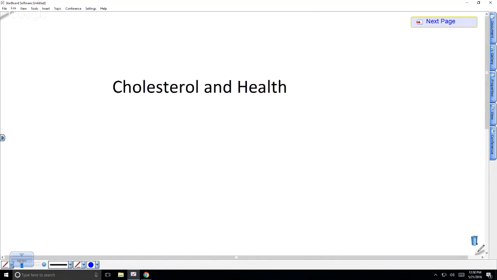Okay. So let's talk about cholesterol and health. When we talk about bad versus good, we're actually not talking about cholesterol itself. Cholesterol is all the same. There's no such thing as a bad cholesterol or good cholesterol.